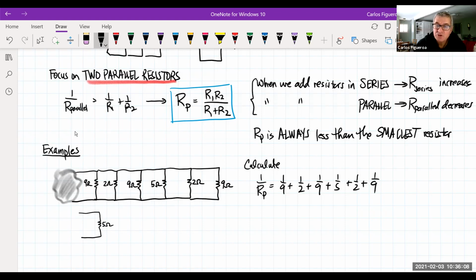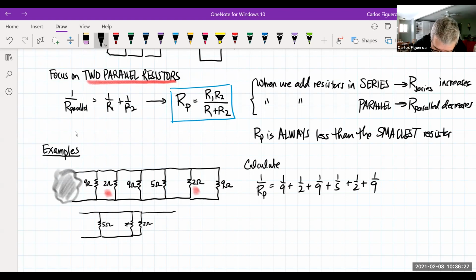Why there? There's only one of these. But now look at the 2. If you look at the 2, note that there's 2 of them. So I'm going to immediately combine these 2 ohm resistors right here.